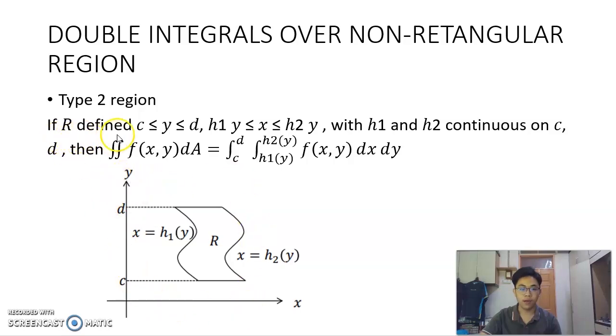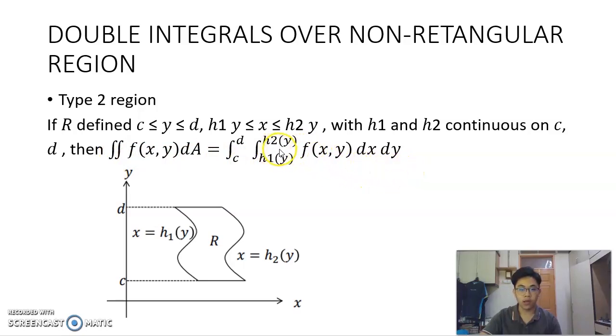If R is defined as y larger than or equal to c and smaller or equal to d, and x larger or equal to h1(y) and smaller or equal to h2(y), with h1 and h2 continuous on [c, d], then the double integration of the function f(x,y) is equal to this function.